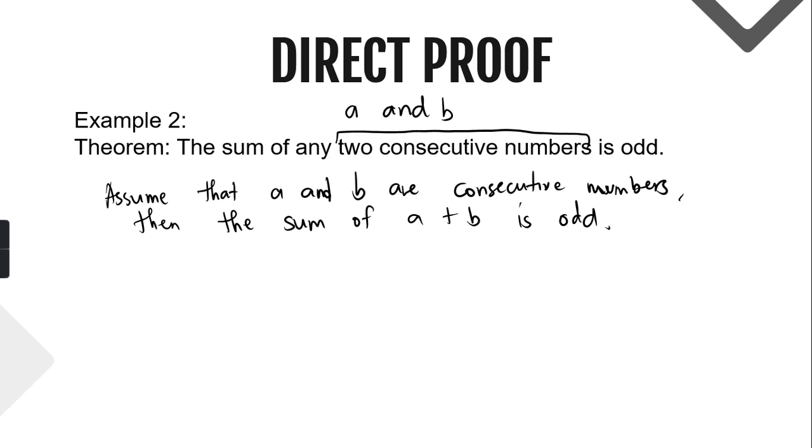Based doon sa ating third definition, so, A and B are consecutive numbers. We know that B is equal to A plus 1. Tama, 'di ba? Yung sabi kanina, ang B natin ay A plus 1.